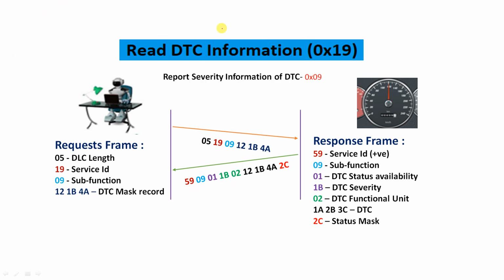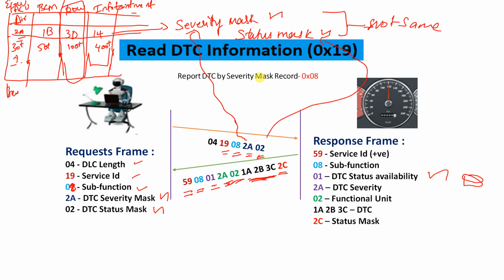The next subfunction is 09. See, now you can understand with this, report severity information of the DTC. Here you gave the input as severity and you got this DTC.